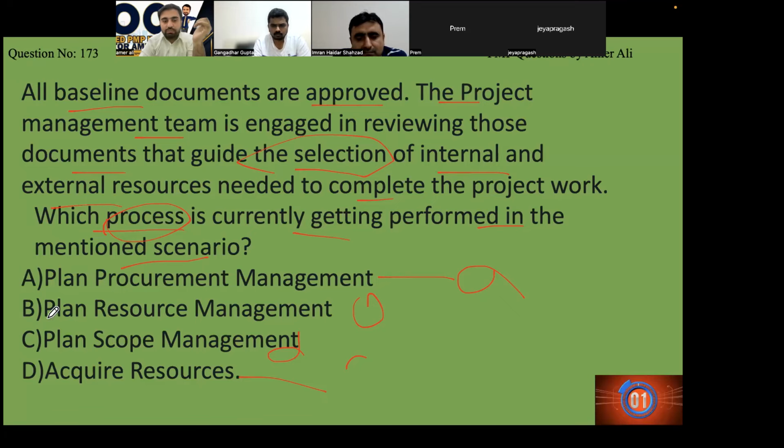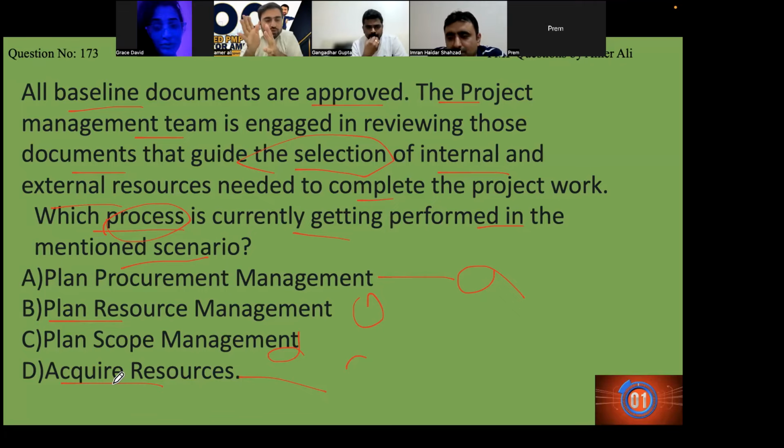So basically, plan resource management will be the right answer in my opinion. Acquiring resources means you get the resources. This is in execution. In execution, we acquire the resources, we develop the resources, we manage the resources. We are talking about planning, so plan resource management will be the answer. But one more time, you will not get a question like this in the exam. Grace, go ahead.